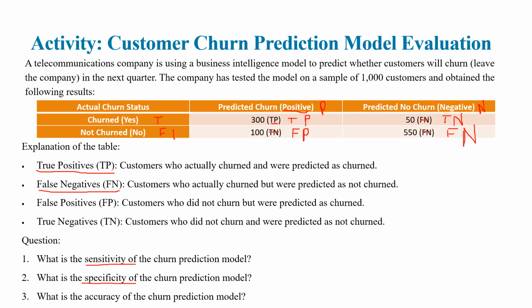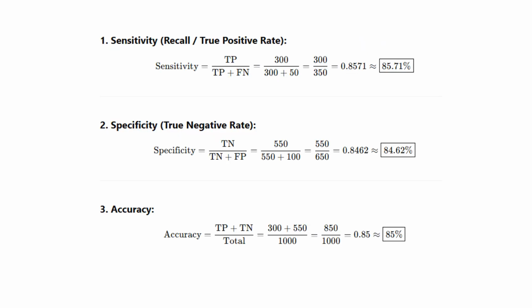the specificity, and the accuracy. Now I'm showing you some formulas, and we will find the values of sensitivity, specificity and accuracy. For example, to find sensitivity, it's a very simple formula: TP, true positive, divided by true positive plus false negative.